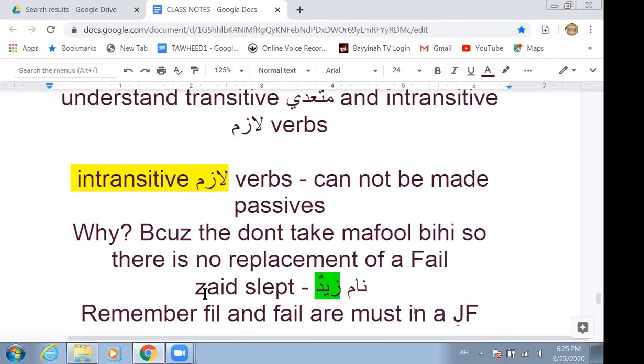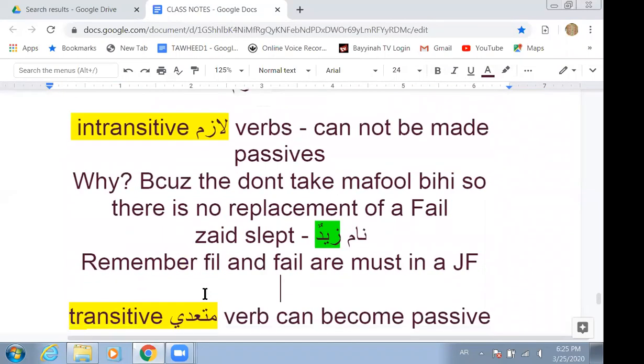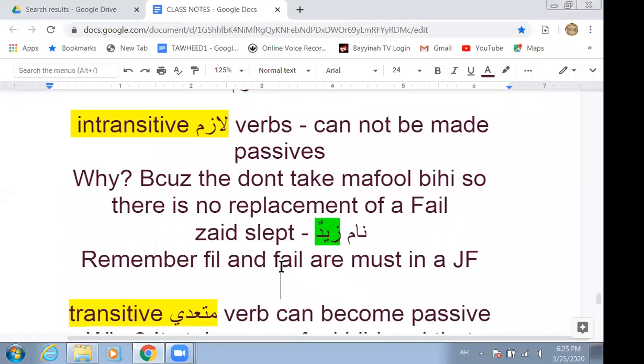What happens if I say nama Zaidun? Nama means he slept, this is the past. Since this is a lazim fi'il, it will not take a maf'ul bihi. So when we remove the Zaidun, there is not going to be any replacement for the Zaidun. And we say that whenever it is a jumla fi'liya, two components are necessary to complete it, the fi'il and the fa'il.